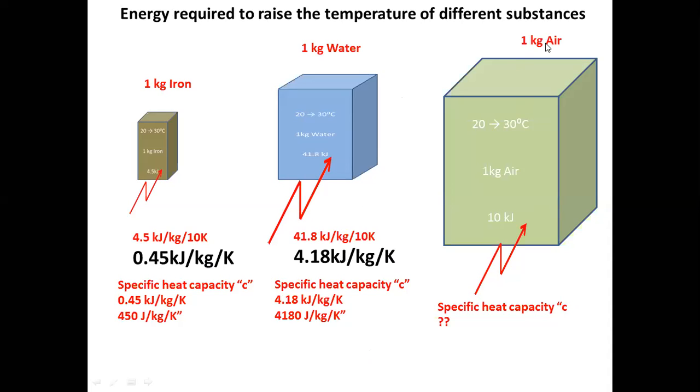And for air to rise from 20 to 30, this is the continuation of the previous slide, a 10 degree rise, 1 kg air, you need 10 kilojoules. You need more energy. Imagine 1 kg air needs more energy to rise 10 degrees from 20 to 30. It's more than the water, and much more than steel or iron.